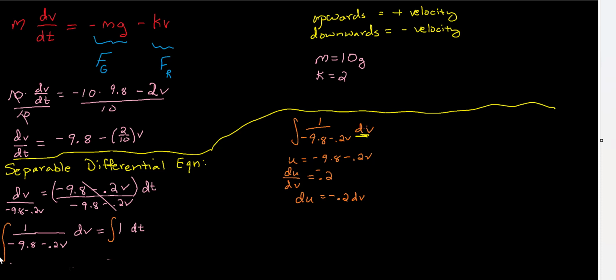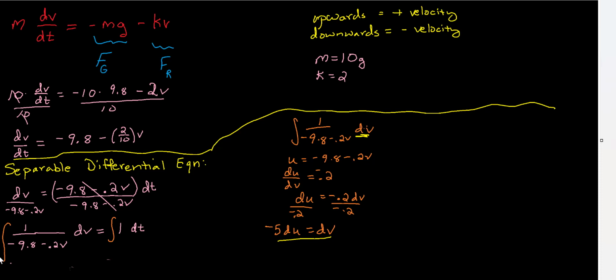So I better get rid of that so that I can make a nice substitution. So on the left-hand side, I have 1 over negative 0.2. We could call that negative 5. du equals dv. And that's lovely.